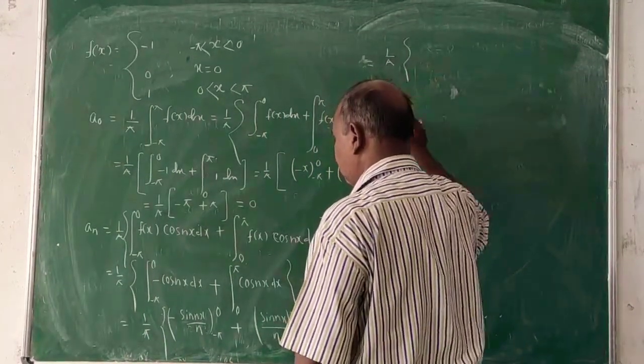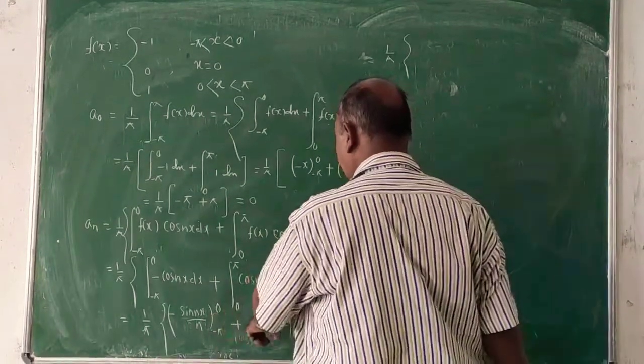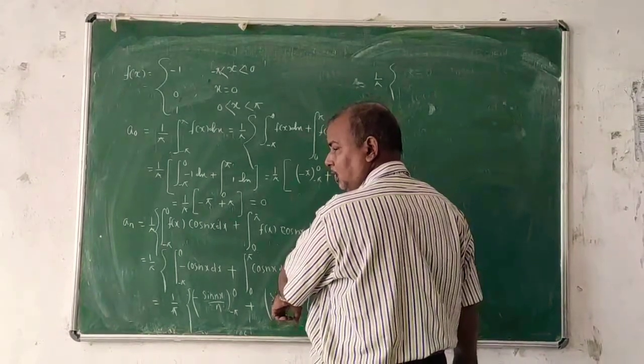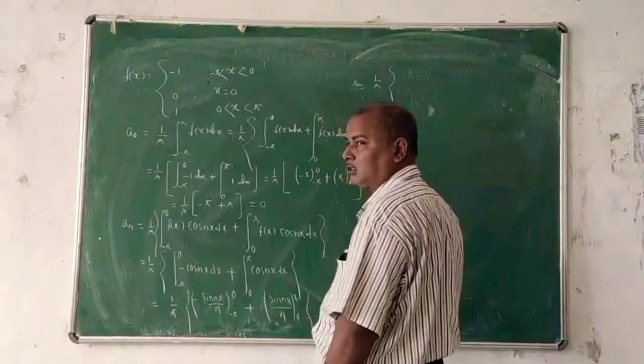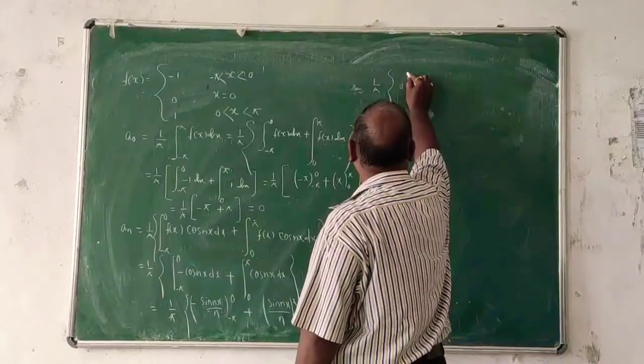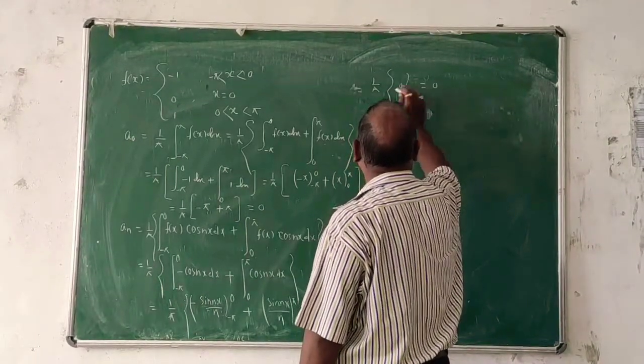Sine 0 is 0, sine n pi is 0, this factor is 0, this factor is also 0, because sine n pi is 0 and sine 0 is 0. So this result is 0.